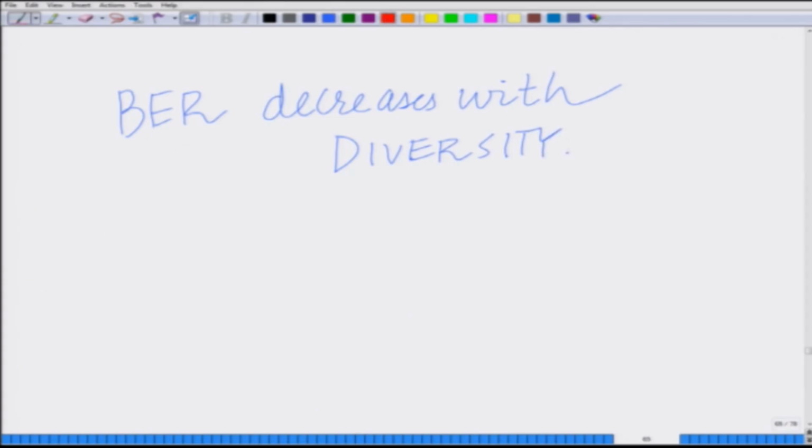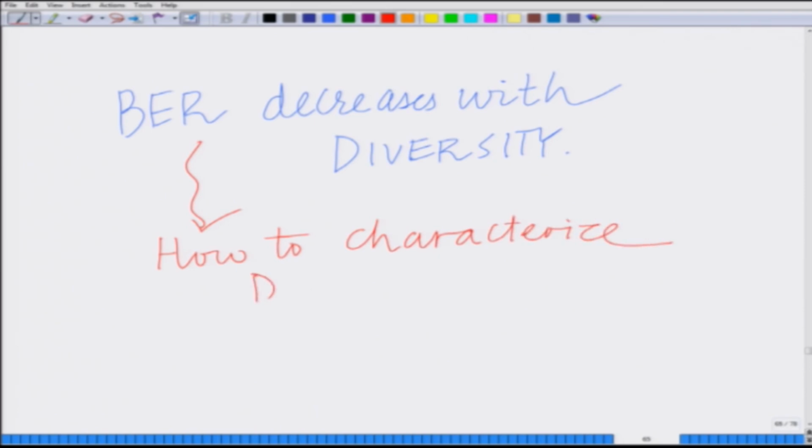But how to characterize diversity? How to characterize or measure the diversity of a system?